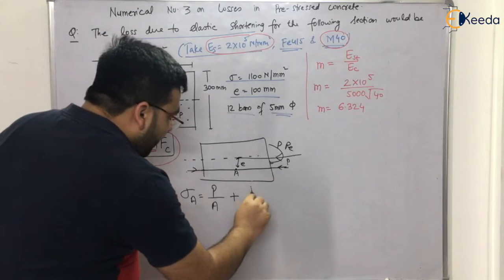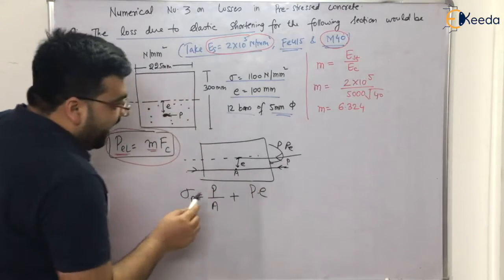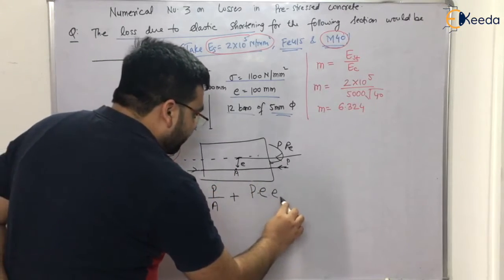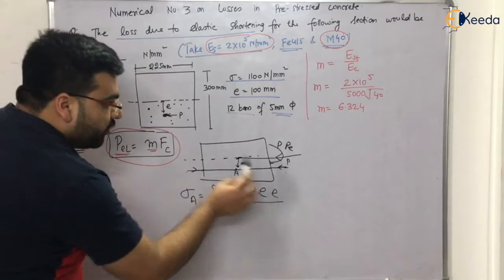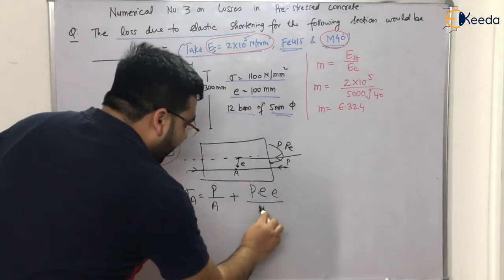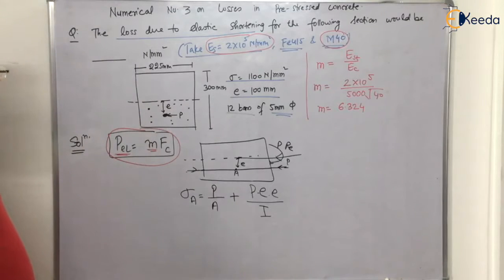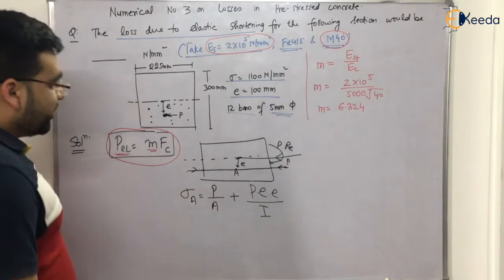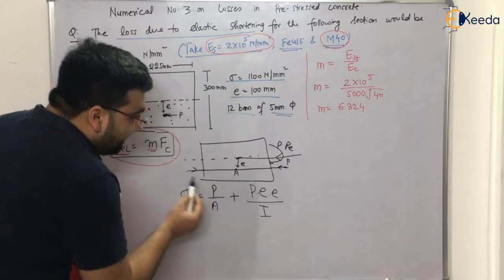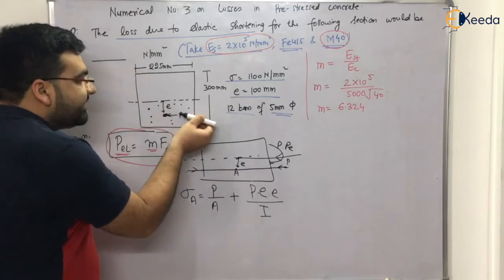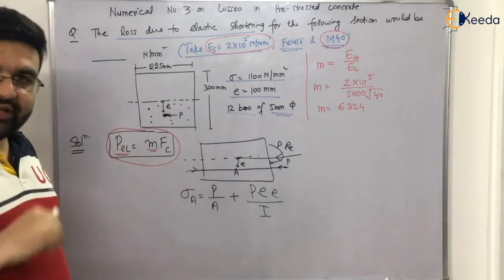So plus P into e into y divided by I, where I is the moment of inertia. First of all, I have to calculate P.